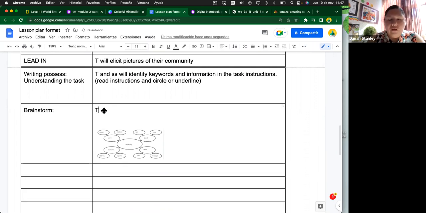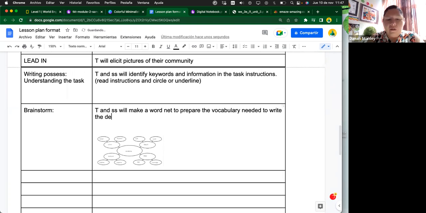Entonces, teacher and students will make a word net to prepare the vocabulary needed to write the description.